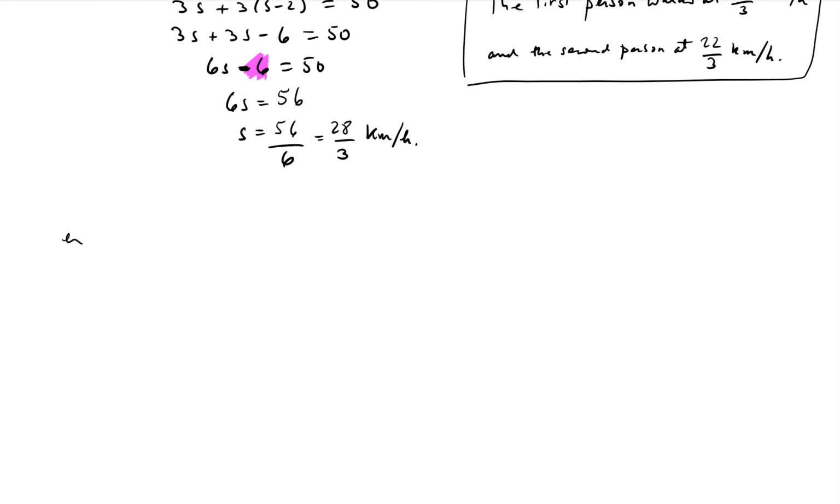Okay, so here's the problem. You've got, I don't know, a little house here, and you've got a first person leaving the house at a speed of 4 kilometers per hour. Okay, 6 hours later, that person has moved, right?